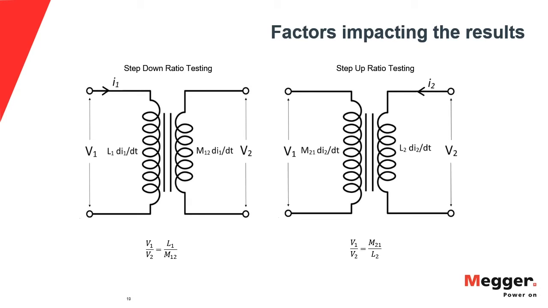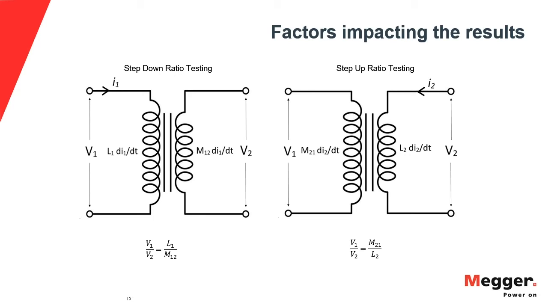Think about it, M12 is always going to be lower than M21, and the reason for that is that in most transformer construction, the low voltage winding is wound closer to the core, right?